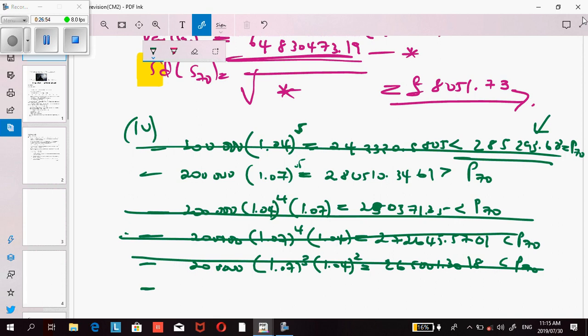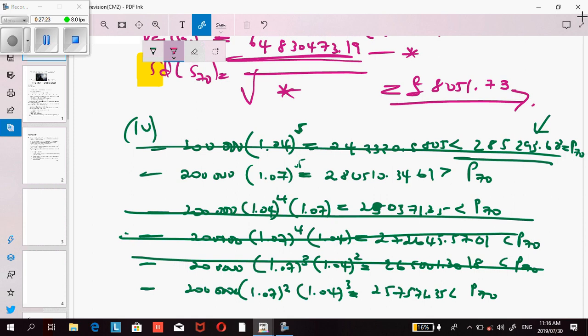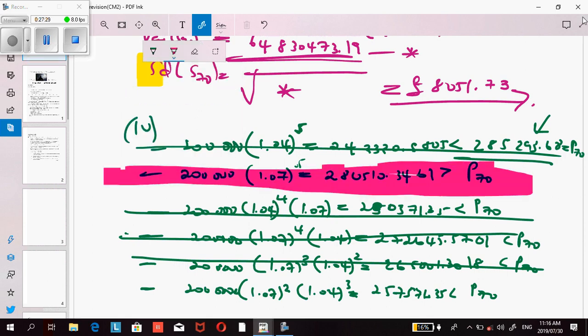And the last possible combination you can have is to invest at 7% for 2 years and invest at 4% for 3 years, and there you're going to get 257,571.35, which is less than P70. So the only combination we are interested in is to invest at 7% for 5 years.